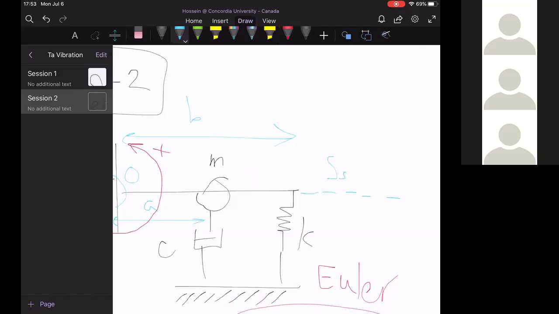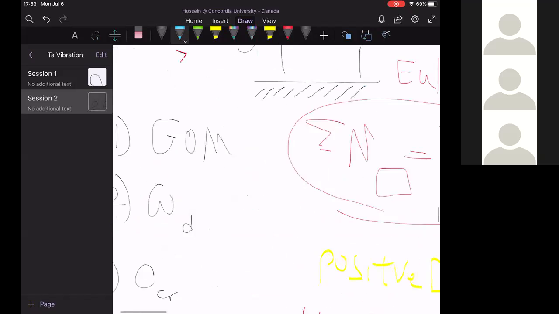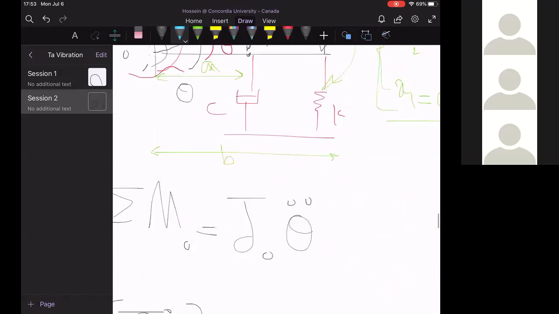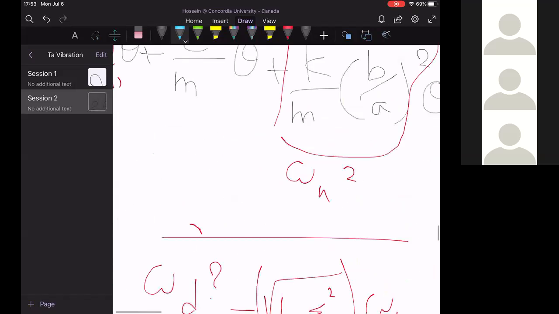You could, for the sake of simplicity, because they will be cancelled out if you start from this point, right? You could say, I assume this is the static equilibrium position. Why? Because the moment created due to the mass in a static position will be cancelled out. I'll write my assumption and write my calculation from this point. This is the whole point I was trying to mention.